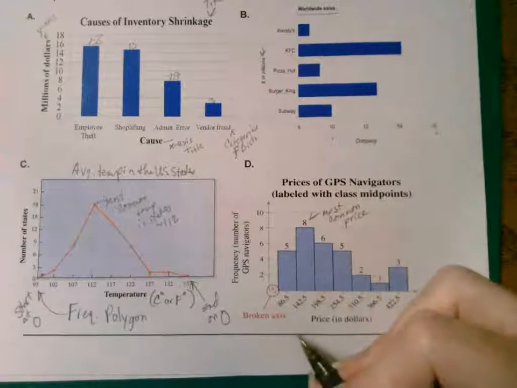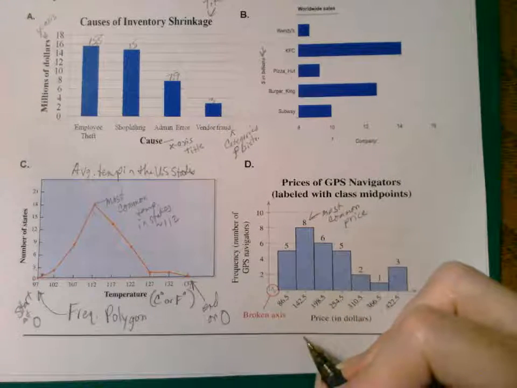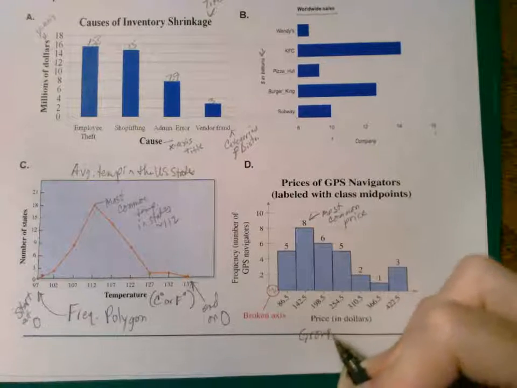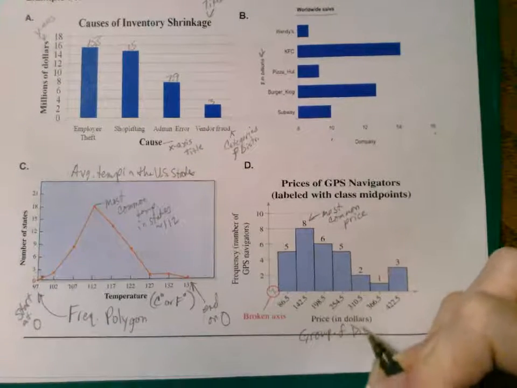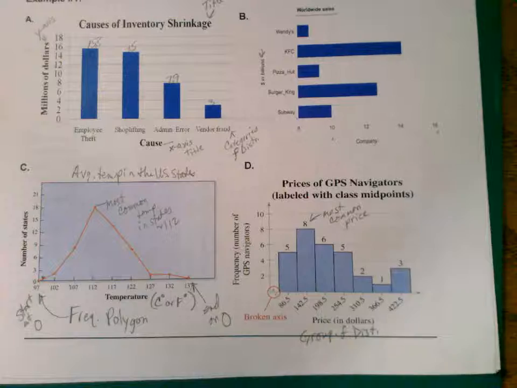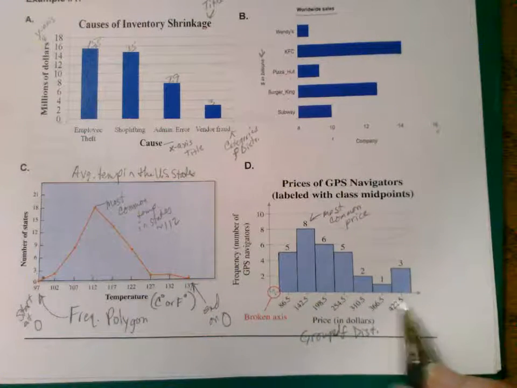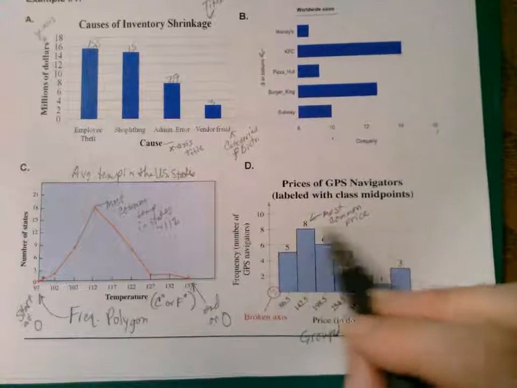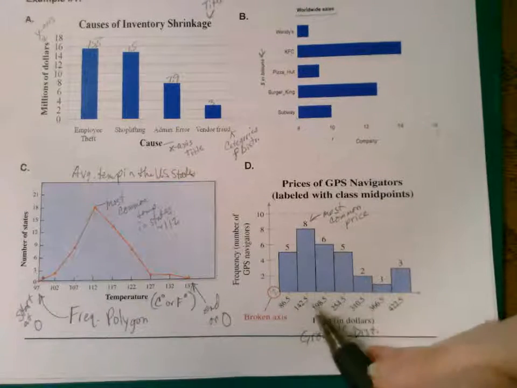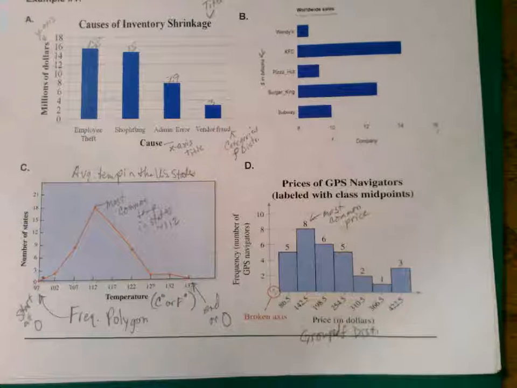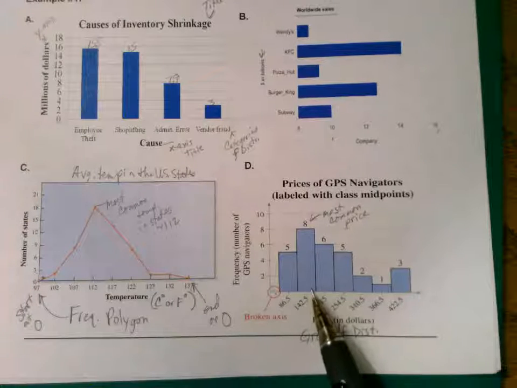So price range, this is a grouped frequency distribution. Okay, grouped frequency distribution with the numbers. Okay, these are the midpoints, most common price, because 8 different ones had this average price that fell in this class.